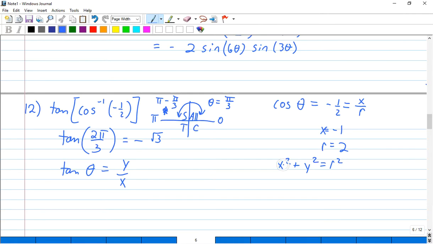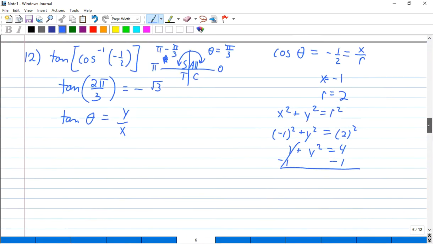All right, so negative 1 squared plus y squared equals 2 squared. 1 plus y squared equals 4. Subtract 1, subtract 1. Y squared equals 3. Take the square root of both sides. Y equals plus or minus the square root of 3.